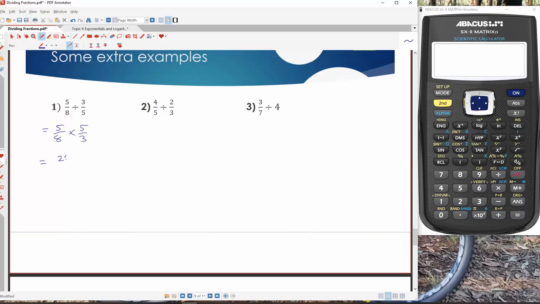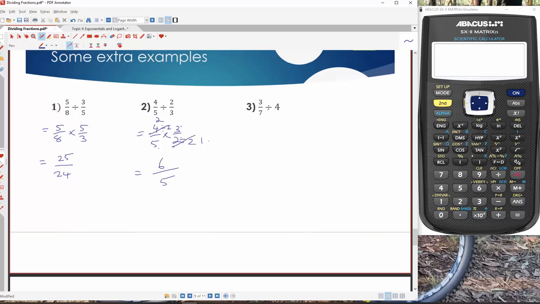So I'll just go 25 over 24. This next one here, dividing by a fraction, is the same as the first fraction multiplied by the reciprocal of the second fraction. Now I can cancel here. Divide by 2, divide by 2, 2, 1, 2 times 3 is 6, 5 times 1, 5.